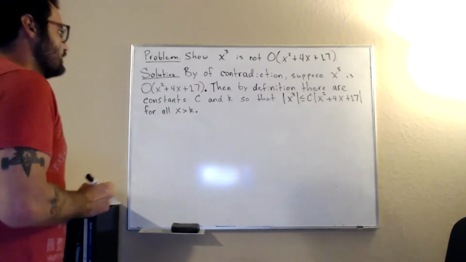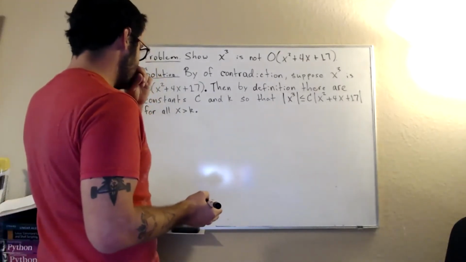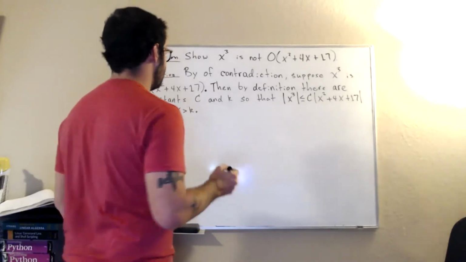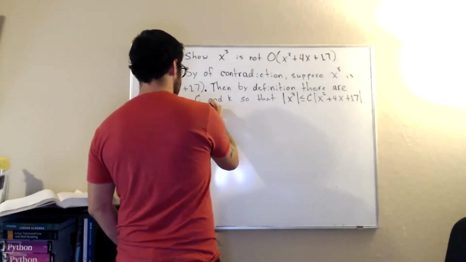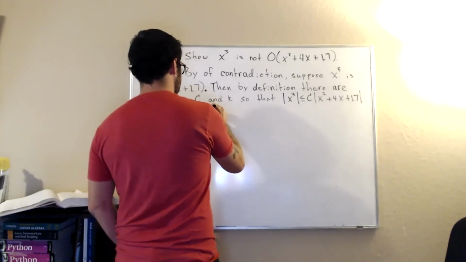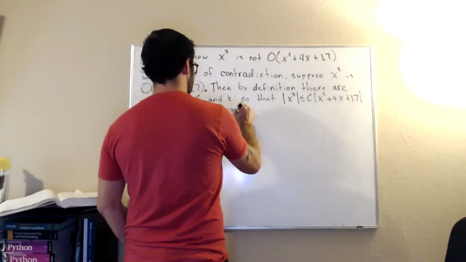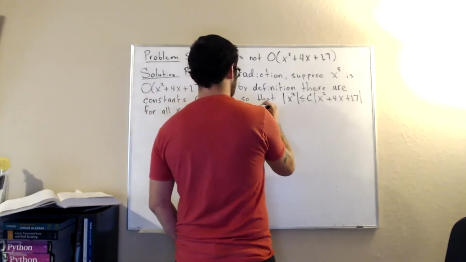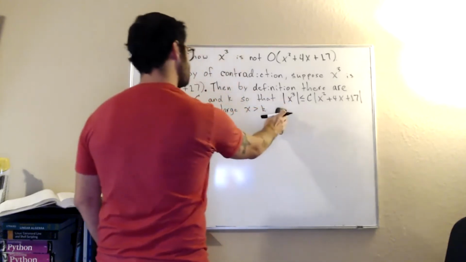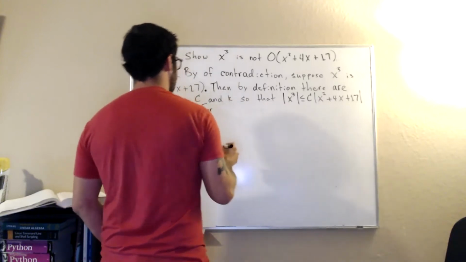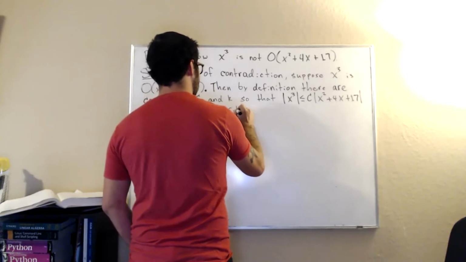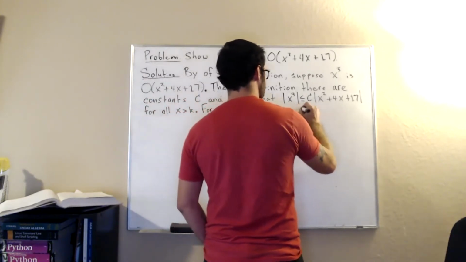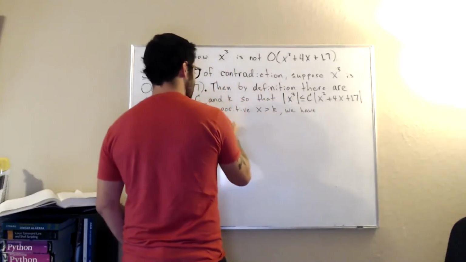Okay. All right. So maybe I can say, for large enough x, maybe let's say for large x greater than k, or maybe for positive x greater than k, we can drop the absolute values.